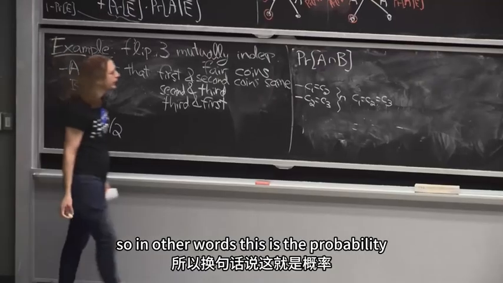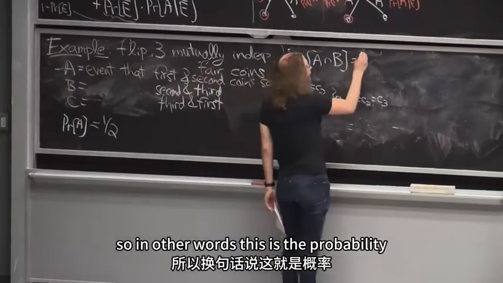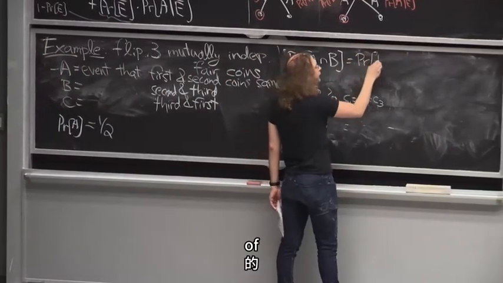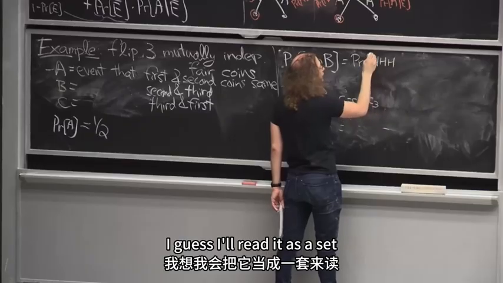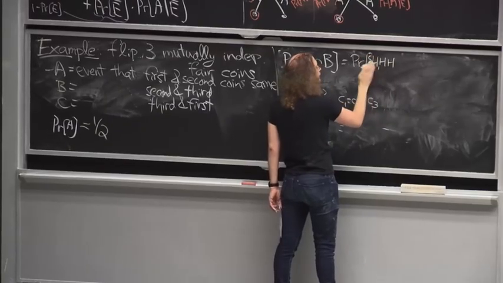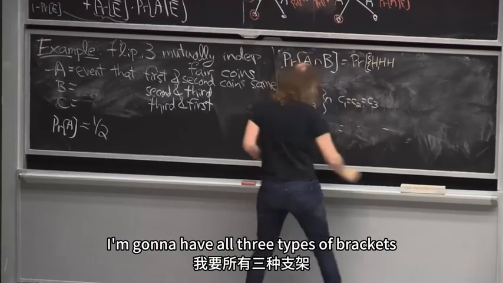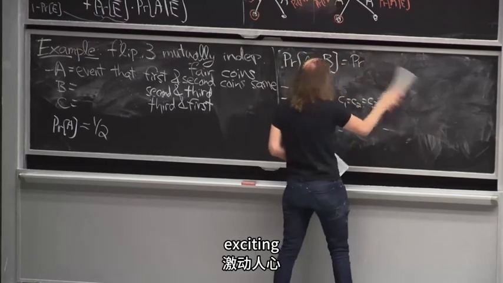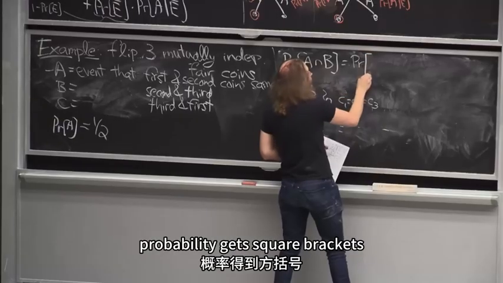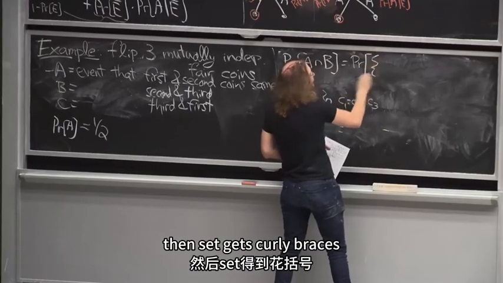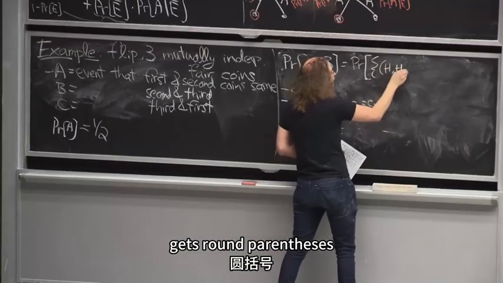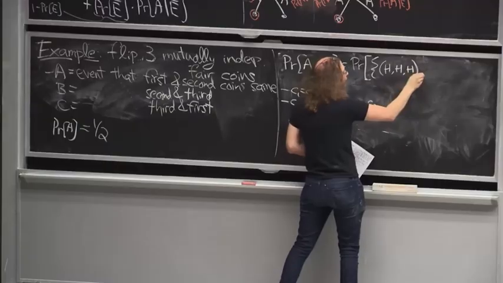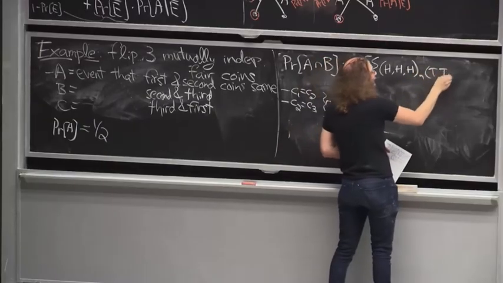So, in other words, this is the probability of heads, heads, heads. I guess I'll write it as a set. Oh boy, too many brackets. Probability gets square brackets, then a set gets curly braces, then an ordered pair gets round parentheses. I'm happy they're all distinct. Makes it so much clearer.